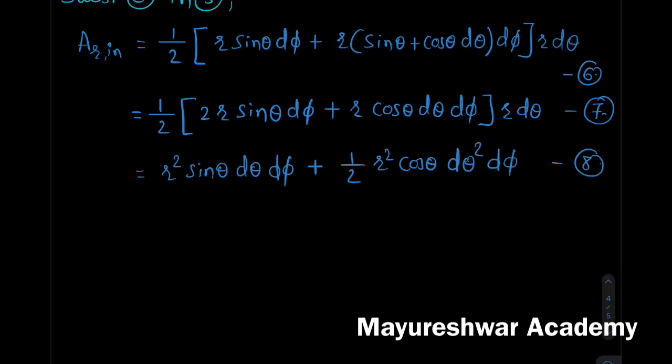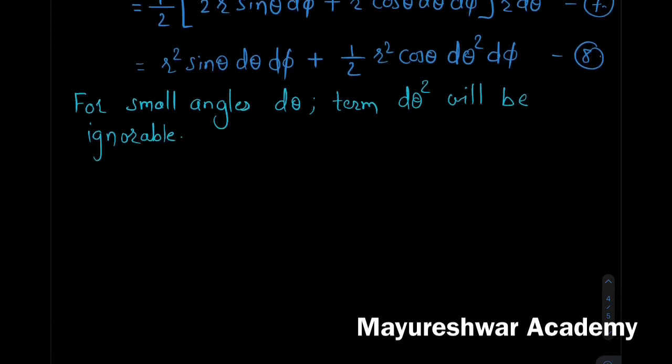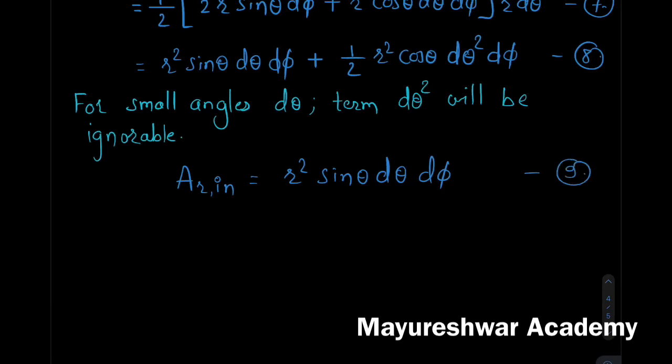So for small angles we can ignore the second term, since that d theta square term will be further small, so this will be ignorable. So that's why directly we can write the area along the radial direction at incoming flux is r square sine theta d phi. Okay, so that is ninth equation.